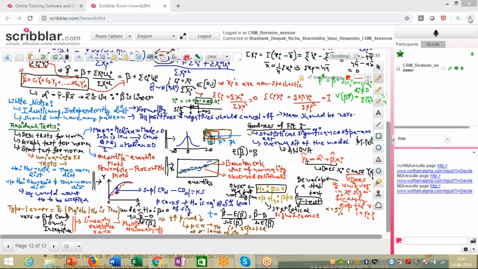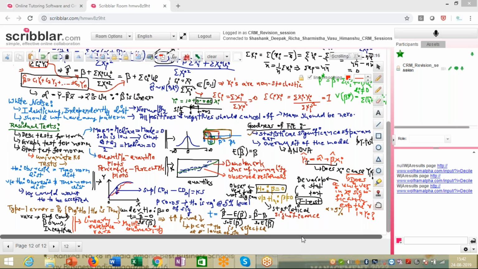So there are certain tolerable limits of multicollinearity which we need to assess.